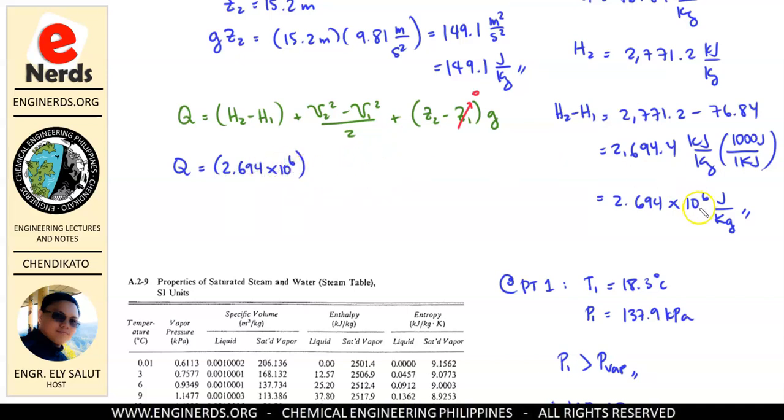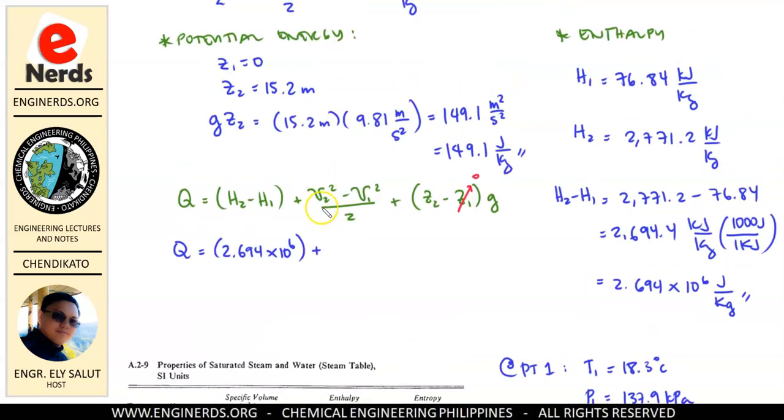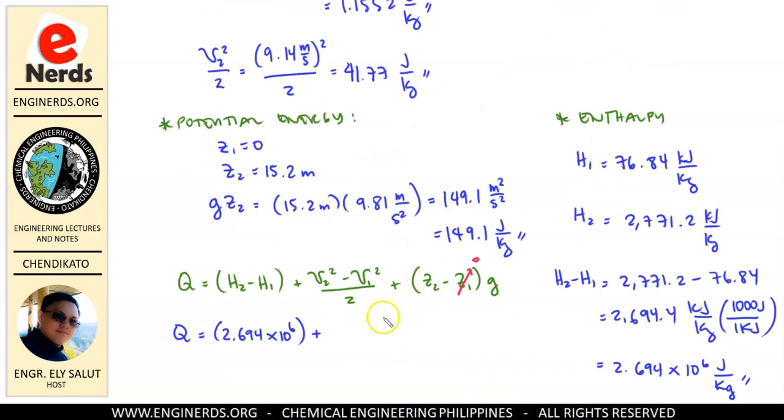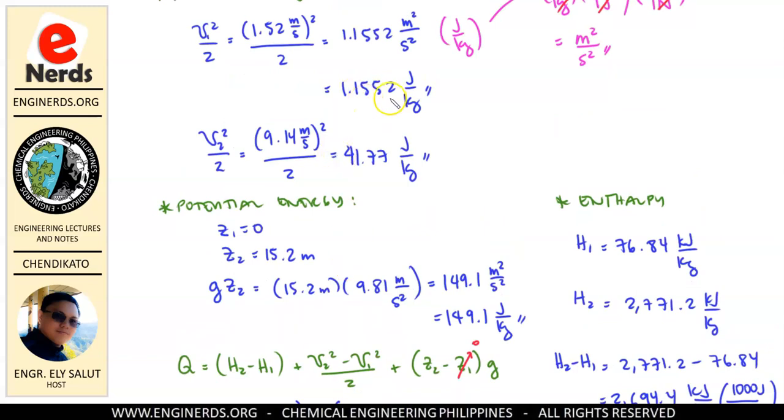So ang unit na natin dito is joule per kilogram, no? So plus V2 squared over 2, which is equal to, this is our 72 squared over 2, which is 41.77, minus our V1 squared over 2, which is 1.1552, no? So, our V2 squared over 2 is equal to 41.77, minus our V1 squared over 2, which is 1.1552.